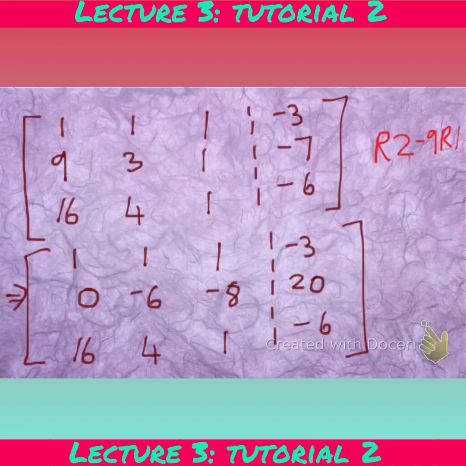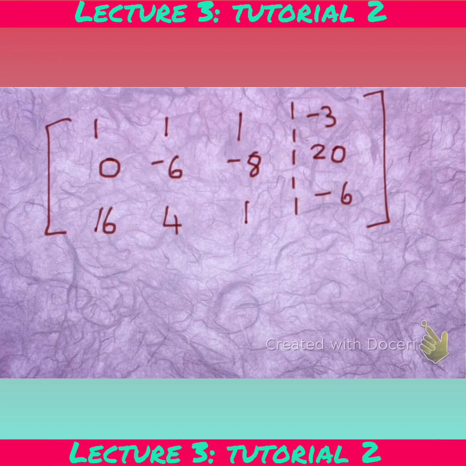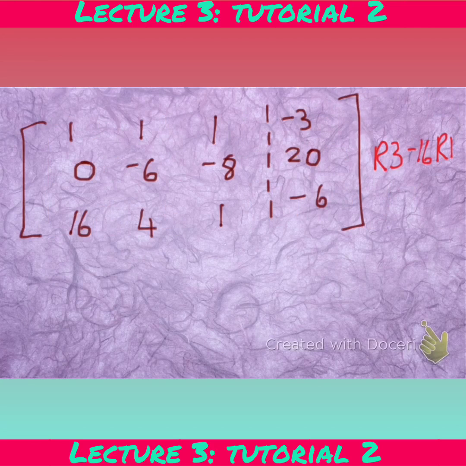I have another 0 to create under the leading one in the first row. So I take my matrix as it is, and I'm going to change the third row by adding minus 16 times the first row.